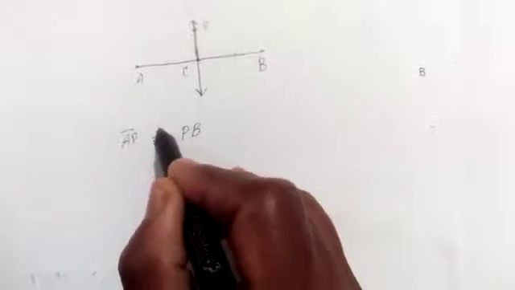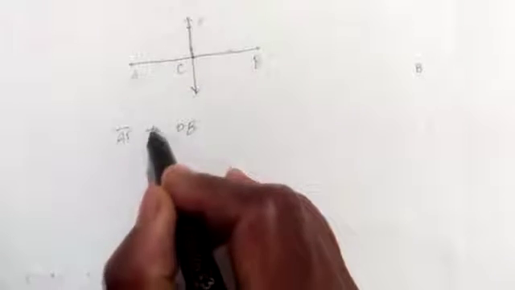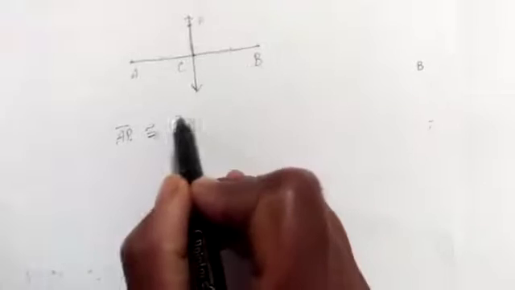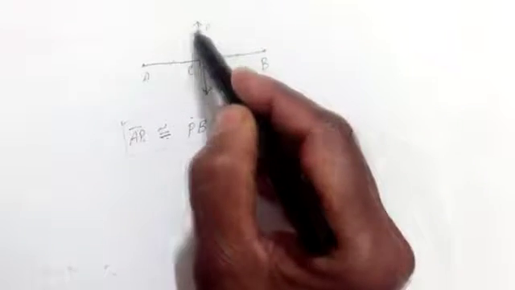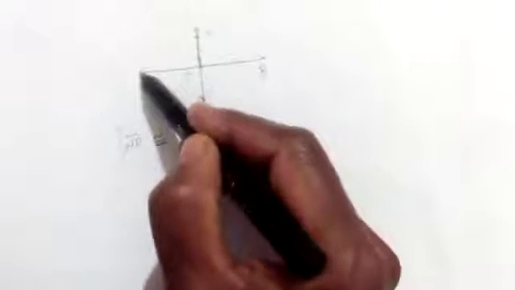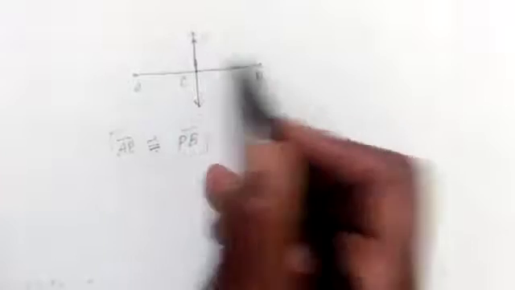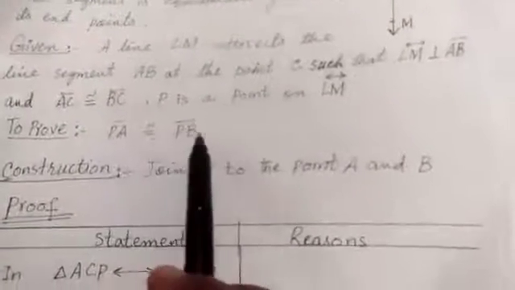So we write equality with the sign of congruency: PA is congruent to PB. This is our to prove. Equidistant means this point lies at the same distance from A and from B. This distance and this distance are equal to each other. So we write here, to prove PA is congruent to PB.